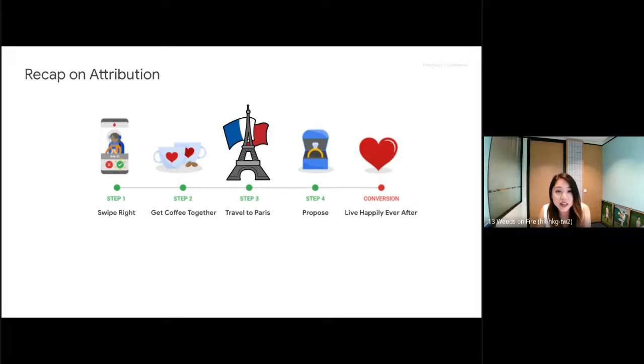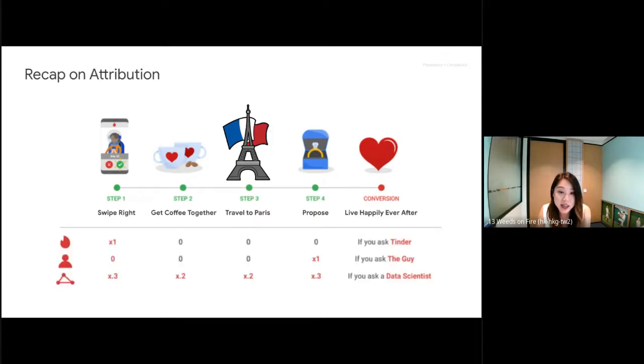So this is, I guess, a usual journey. And of course, I think Tinder will definitely think that it is them who contributed to this relationship. But if you ask the guy, he would probably say that it was because of him who set up the date in Paris, and it's also him who bought the nice ring to propose. So the guy would probably say that it is his contribution.